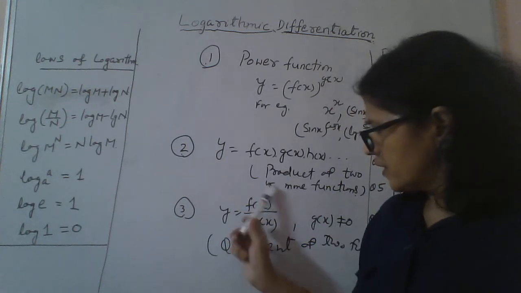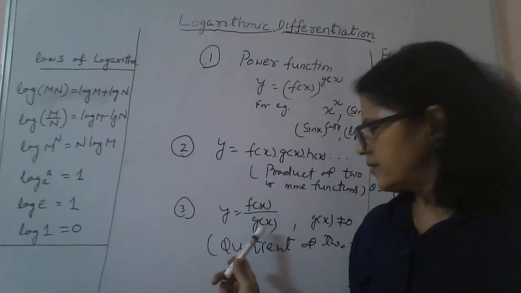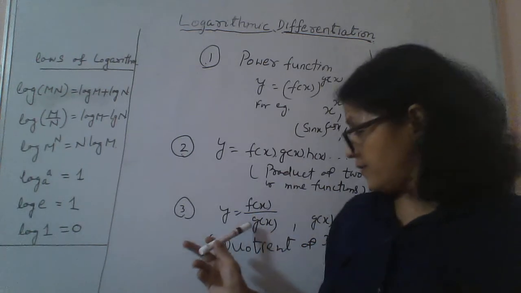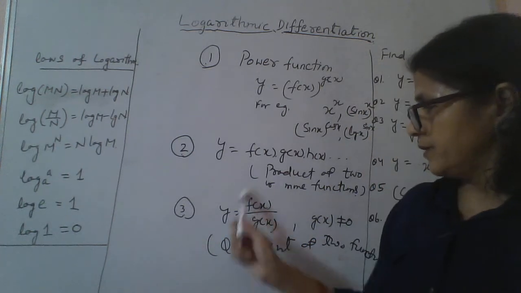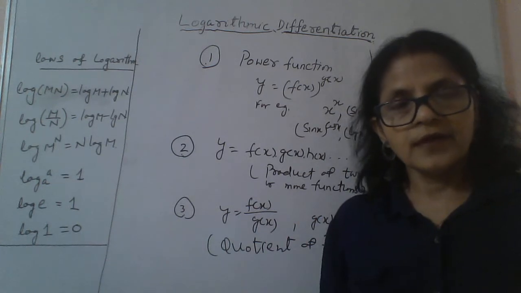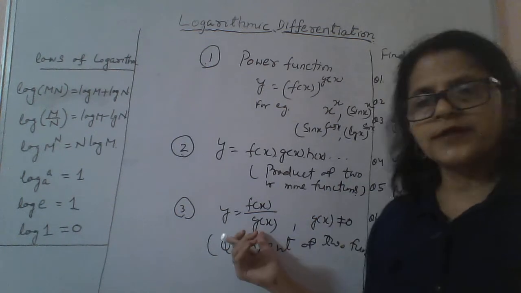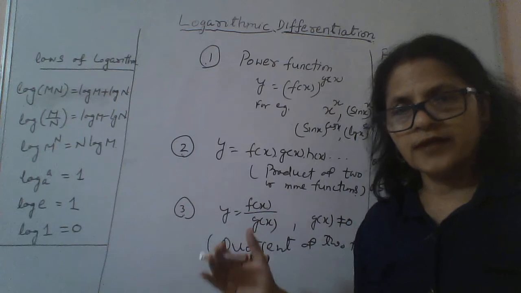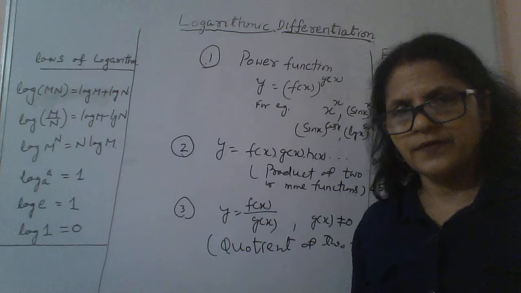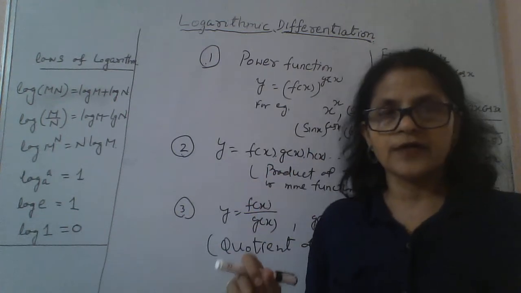If the numerator is a very complicated function and the denominator is also very complicated, with the numerator a product of many terms and powers of complicated functions, and the denominator also like that, then using the quotient rule may not be the wiser option. Logarithmic differentiation will be the answer to that question.